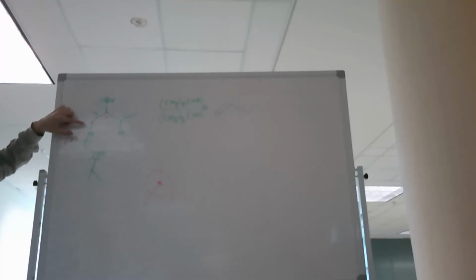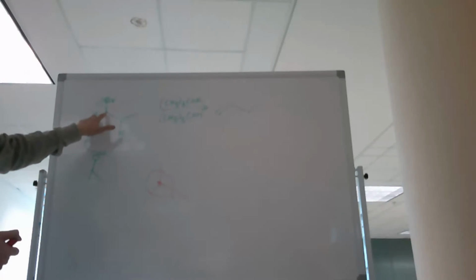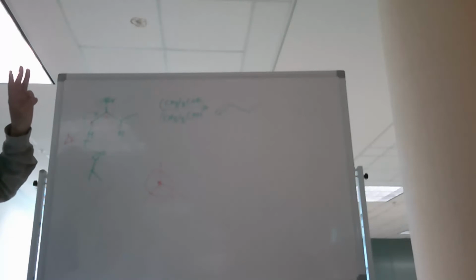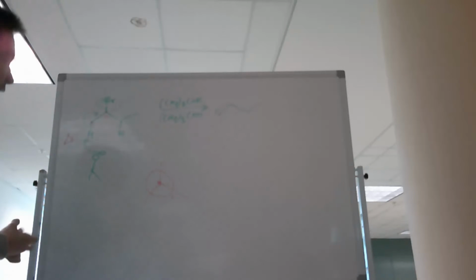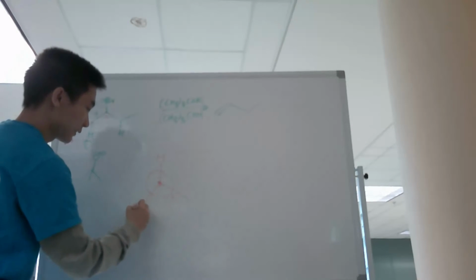We see this carbon 1 is attached to a carbon, and it's also attached to 3 other groups. Yeah, 3 hydrogens. So we can draw the 3 hydrogens here, here, and here.